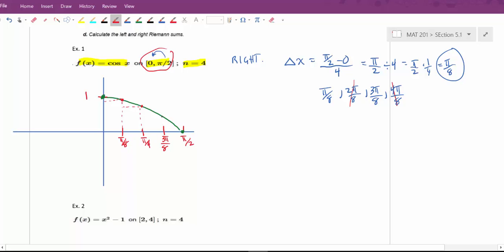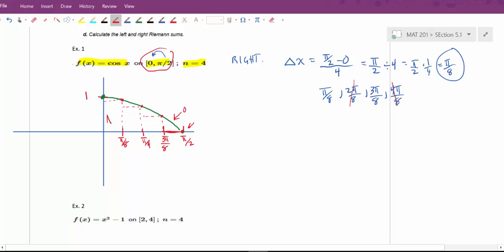Go to 3 pi over 8, do it like this. Now what do you think is happening at pi over 2 if I do a right endpoint? I have a real flat rectangle, right? With 0 area. That is a rectangle, it just has 0 area, because the function value there is 0.